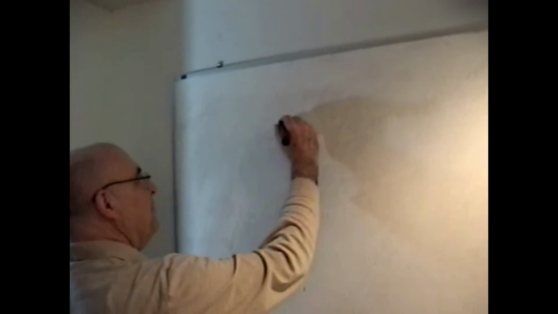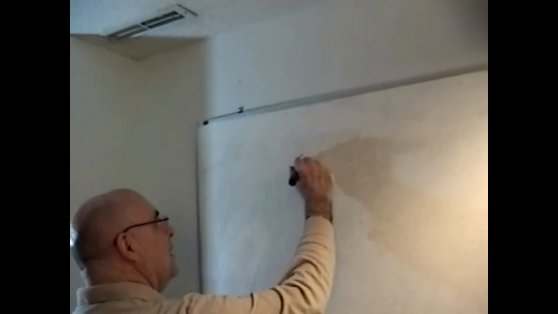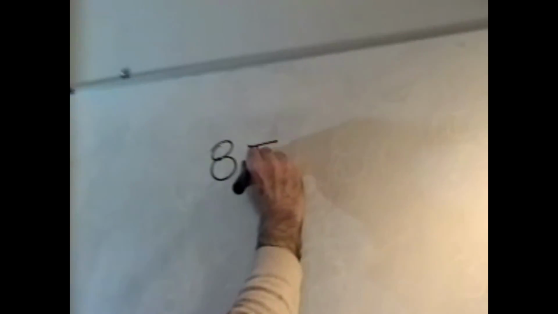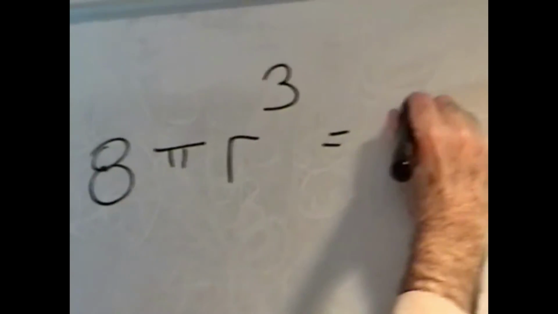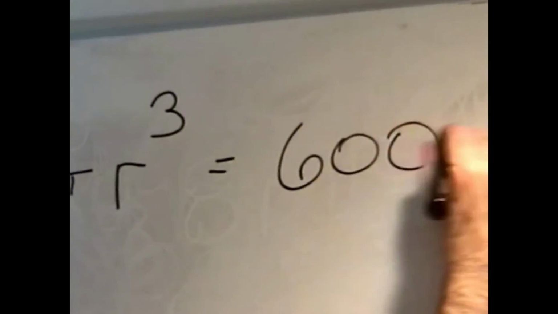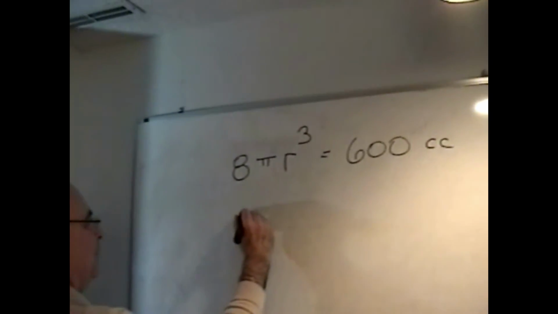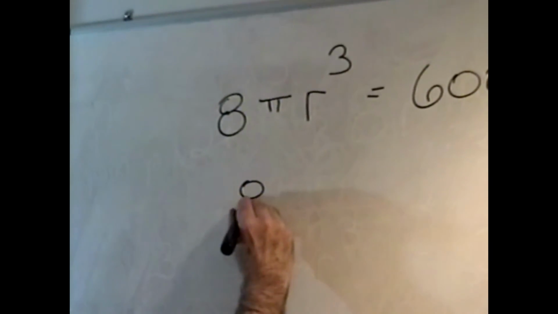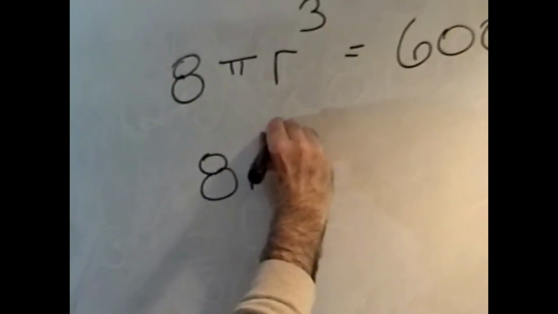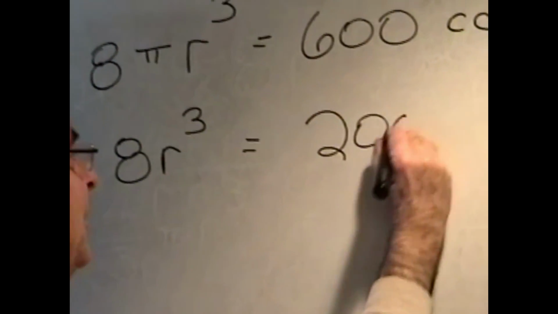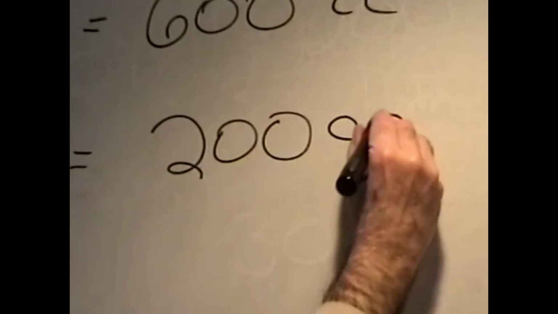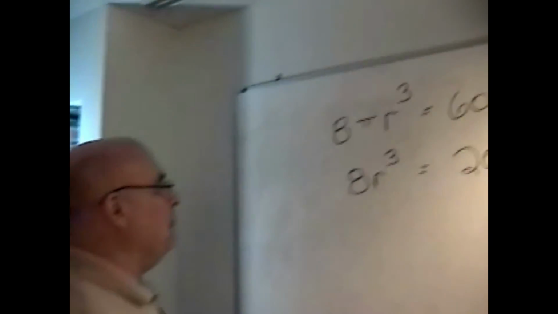So, putting together two pieces of information, we have 8 pi r cubed equaled 600 cubic centimeters, and we had simply 8r cubed equals 200 cubic centimeters.